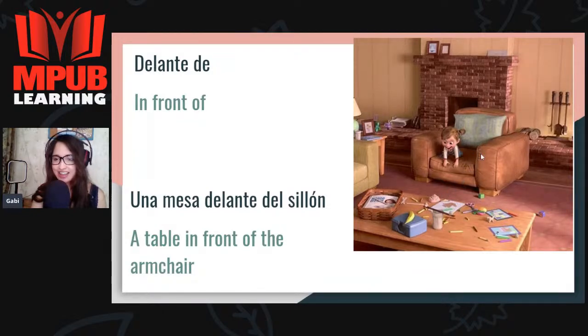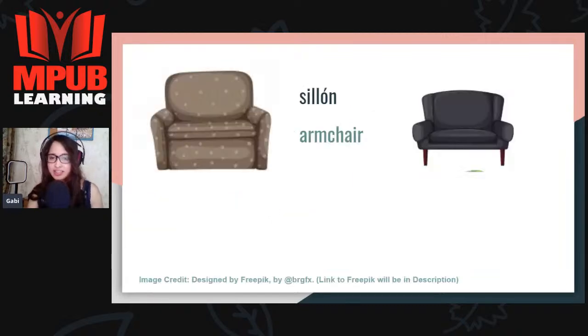Delante del sillón. You don't have to learn this right now, but the reason why instead of putting de, I am putting del is because this word sillón, that's armchair, we would say el sillón, the armchair.